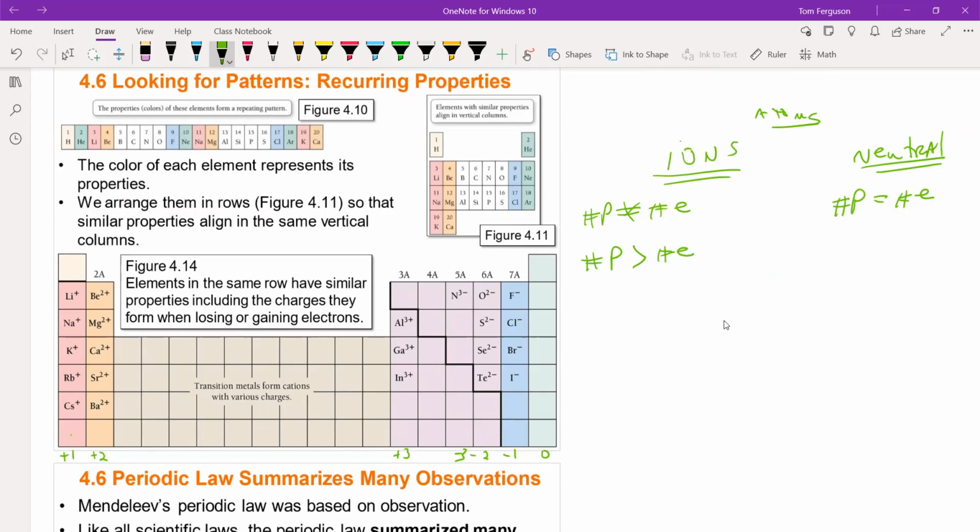If the number of protons is greater than the number of electrons, it's going to be a positive charge, and the name of that ion is going to be a cation. So the alkali metals and the alkali earth metals form cations, all of them. This group forms a +1, this group forms a +2. The reason they form the same number is because the chemical characteristics are the same.